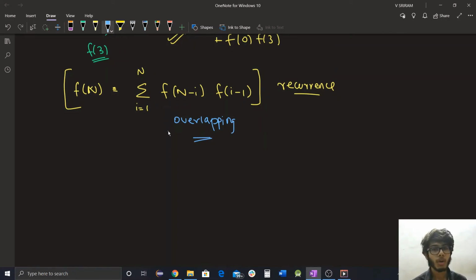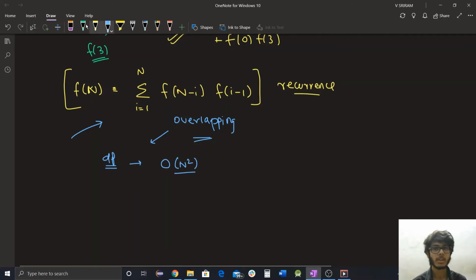So now we know what we do in such situations. We develop a dynamic programming solution. Using this recurrence formula, it is quite easy to develop the dynamic programming solution, but the time complexity of this solution would be order of n square.